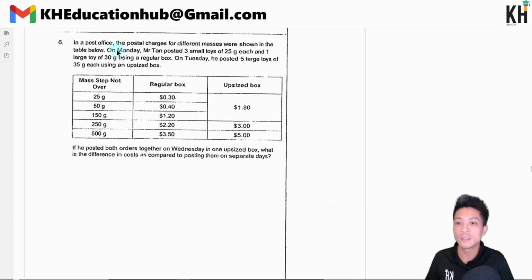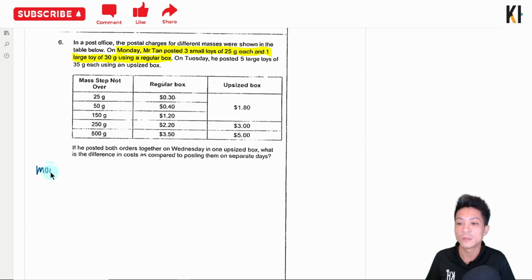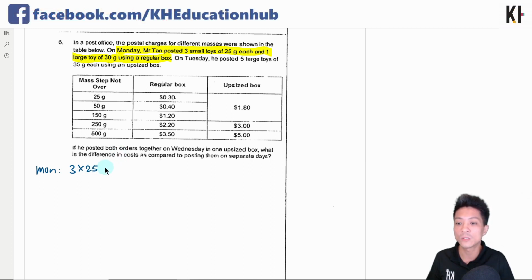Let's try to calculate Monday first. On Monday he posted 3 small toys and 1 large toy of 30 grams, using a regular box. So 3 small toys will be 3 times 25, and 1 large toy of 30, so plus 30.